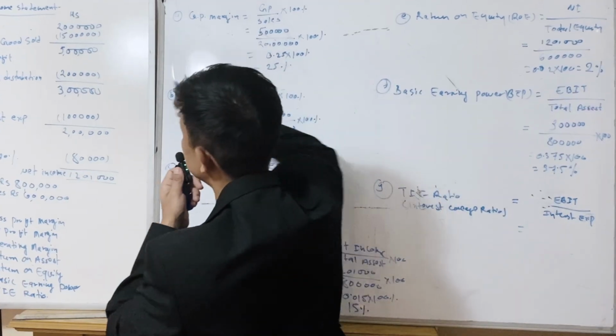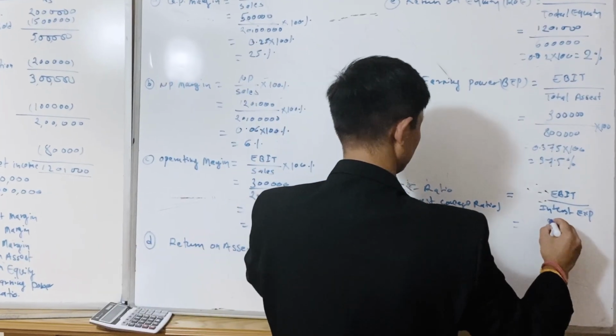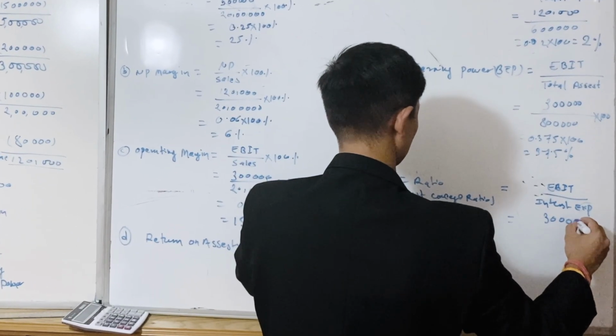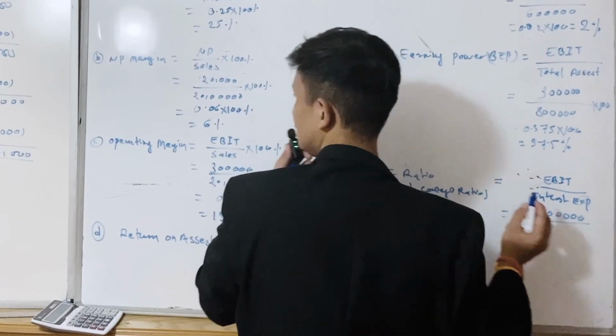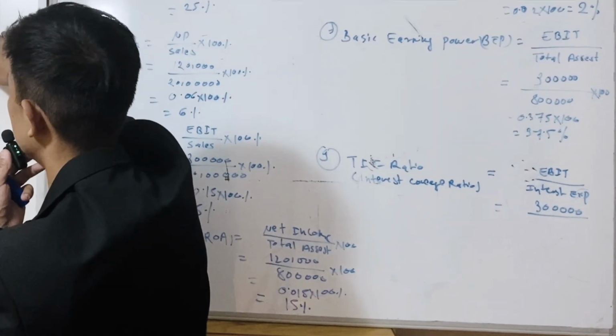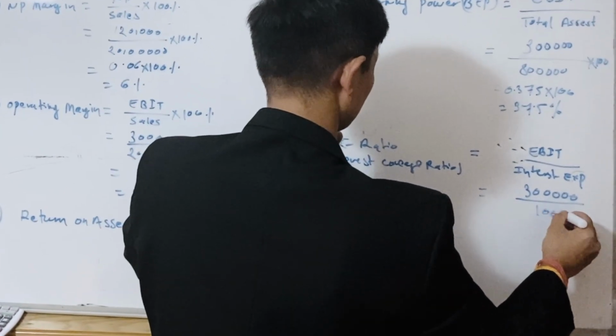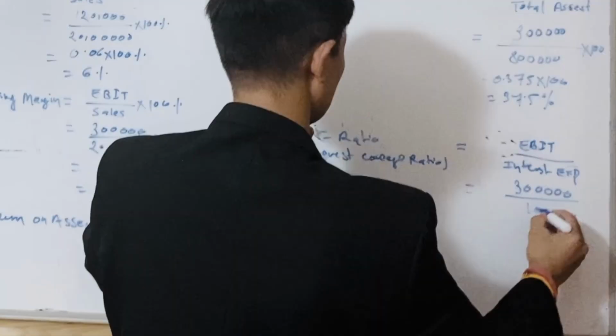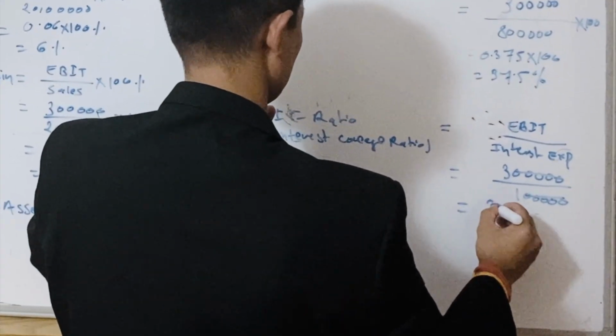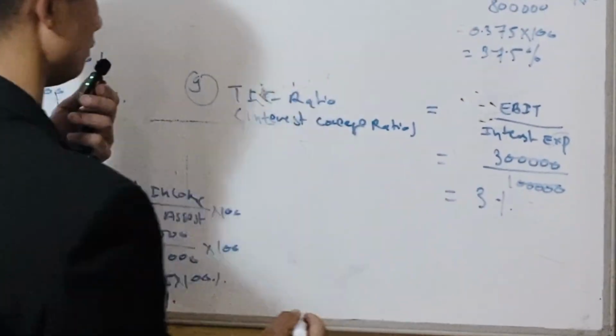We know that EBIT is 3 lakh, then interest expenses, we are given here, is 1 lakh. So in this way we get 3 times.